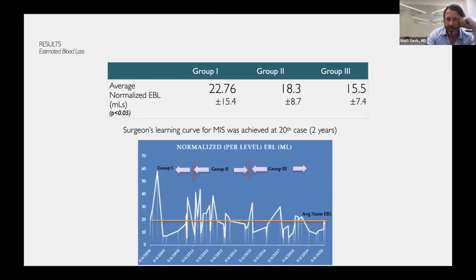Although patients started getting bigger. I don't think I was any more aggressive with the minimally invasive procedure, but patients started getting bigger, so you see their BMI creeping up. You see blood loss per level went down between the groups.